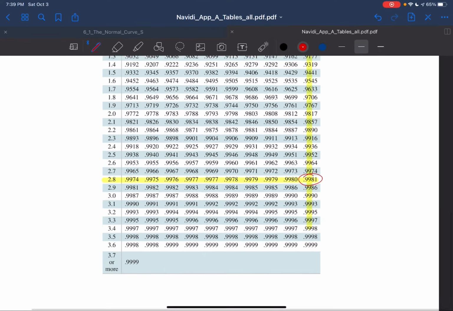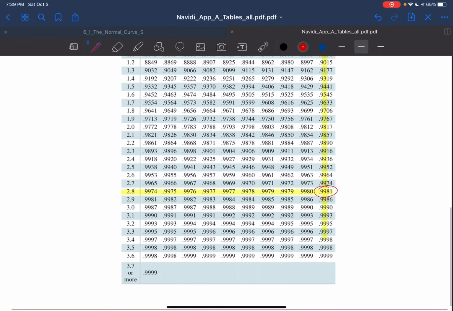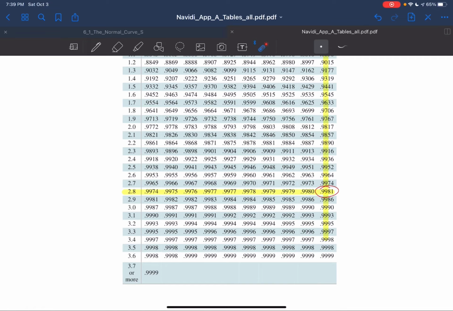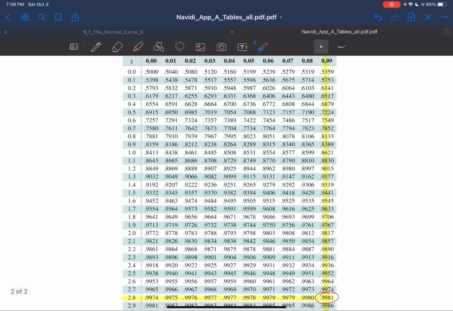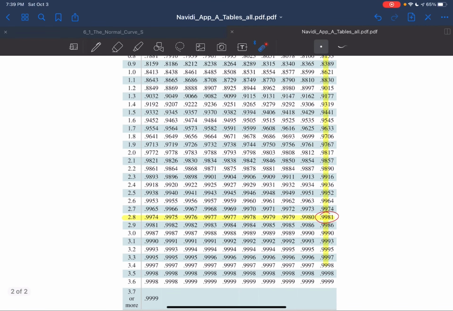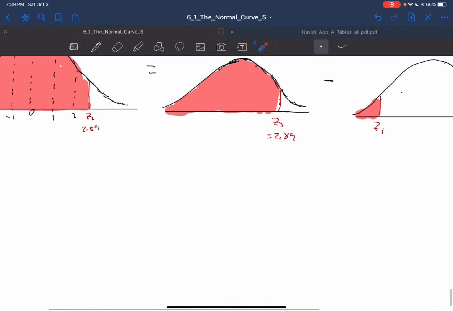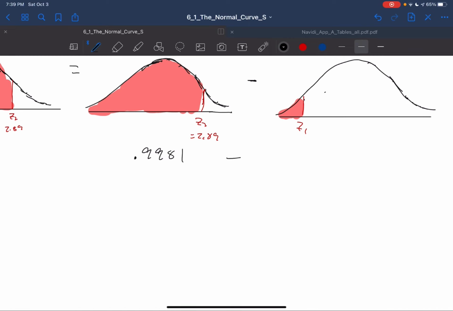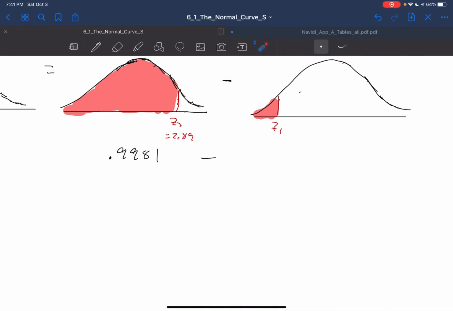This value means the area to the left of a z-score that is 2.89. So this is 0.9981. So here we will have 0.9981 minus the area to the left of z1.